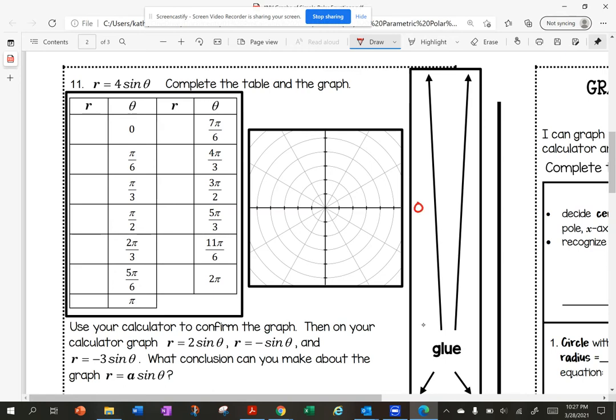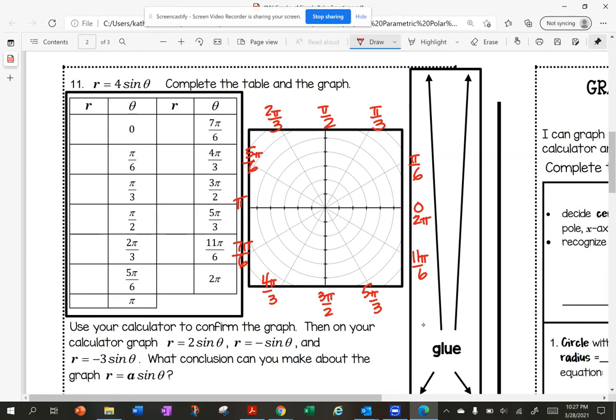So this is 0, pi over 6, pi over 3, pi over 2, 2 pi over 3, 5 pi over 6, pi, 7 pi over 6, 4 pi over 3, 3 pi over 2, 5 pi over 3, 11 pi over 6, and 2 pi.